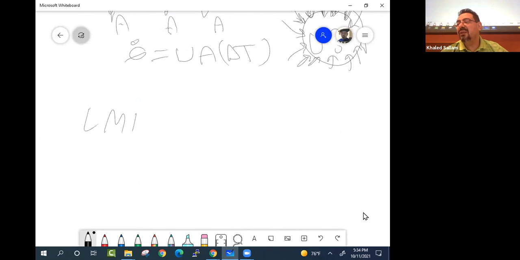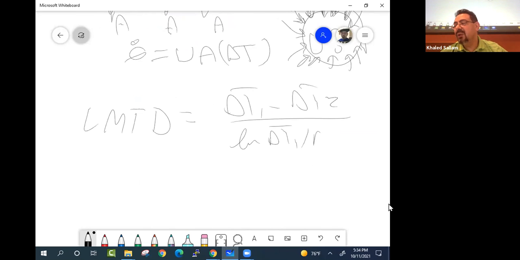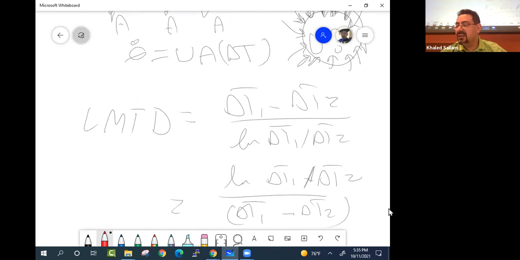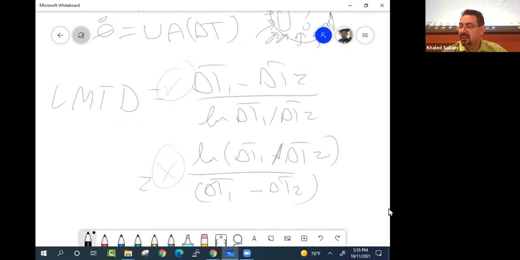So I used to forget: is it (delta T1 minus delta T2) over ln(delta T1 over delta T2), or is it ln(delta T1 over delta T2) divided by (delta T1 minus delta T2)? Of course, it is the first, not the second. So how do I not forget? What is the easy way to tell myself, you are silly, of course it's the first one?